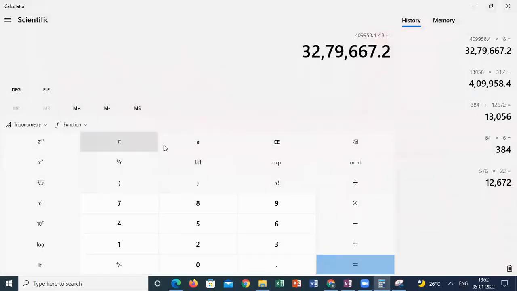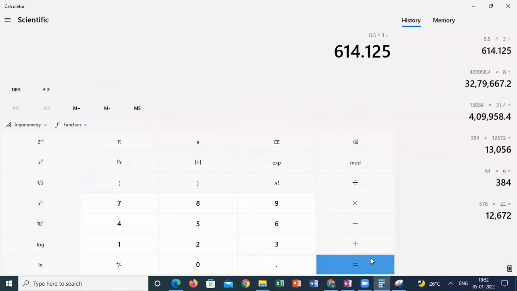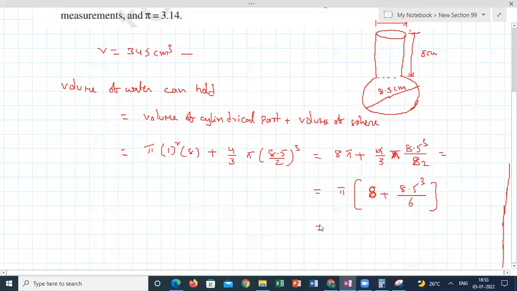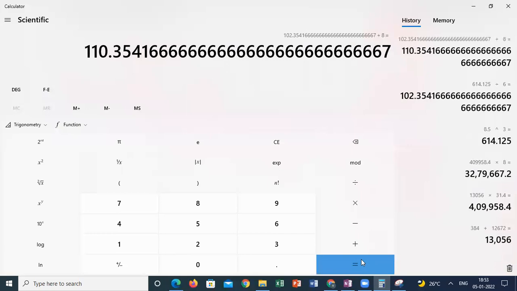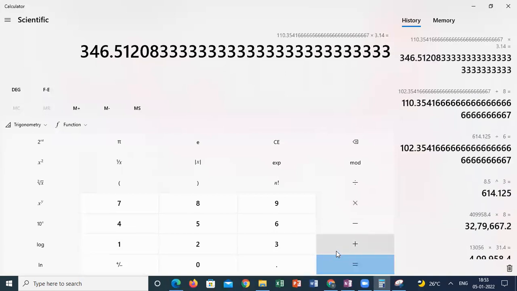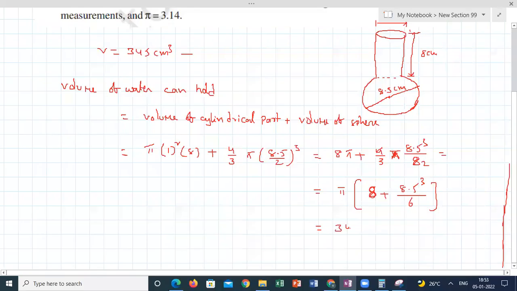I'm using a calculator. 8.5 cube divided by 6 plus 8, times 3.14. 346.512. Roughly it is 346.5 centimeter cube.